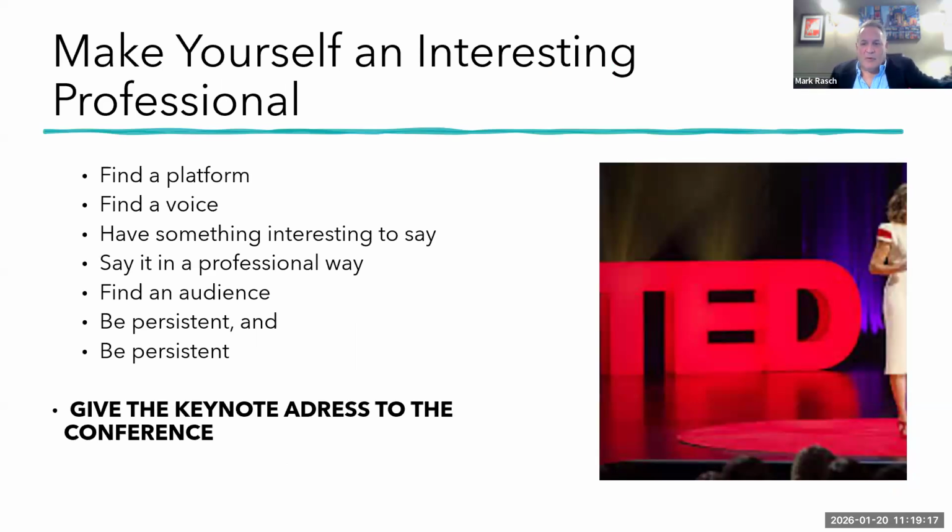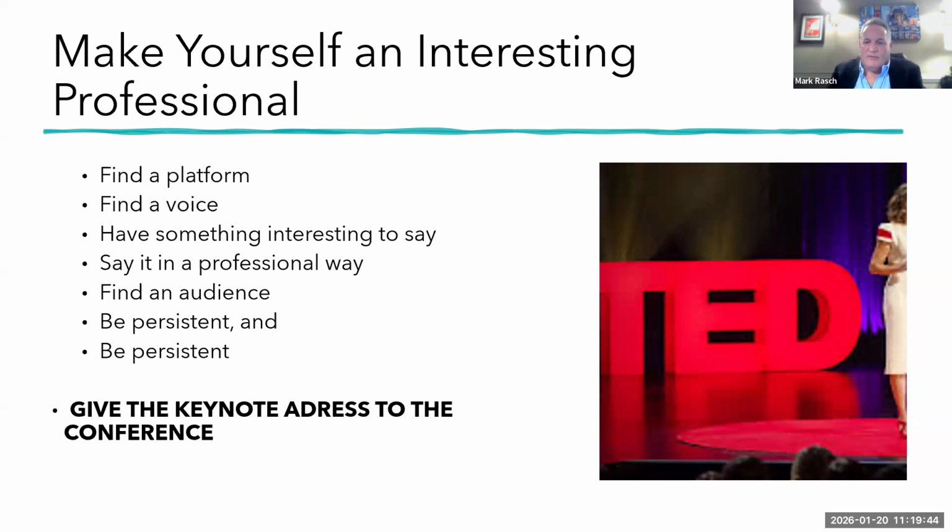Once you find a platform, so this is now a group of, say, 5,000 local healthcare professionals involved in healthcare financing, now you're going to start to write articles for that group and post them. Those articles can be as little as 4 sentences long. Something that is of interest to them.